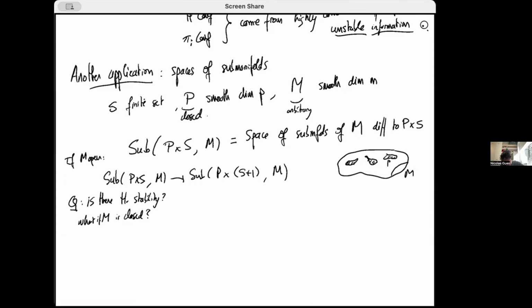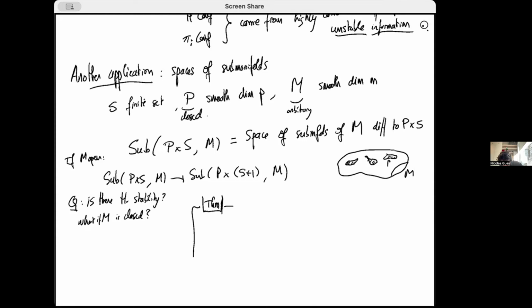And so one thing I can deduce with this kind of techniques is the following. This will be more homological stability theorems than representation stability, but one can pass from one to the other with some arguments that I didn't explain here.